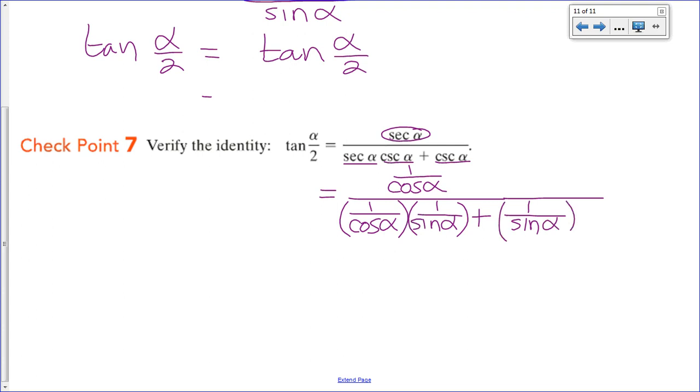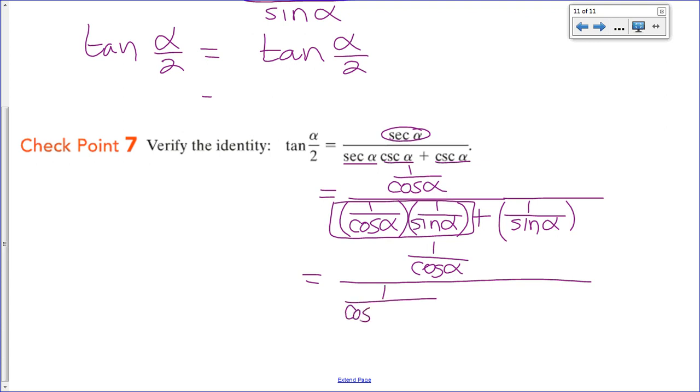Okay, so I'm going to multiply a few things here. 1 over cosine alpha over. If I multiply these two fractions here, I'm going to get 1 over cosine alpha sine alpha. And if you notice, the fraction that I have here only has sine alpha as the denominator. So if I wanted to have the same denominator as this, it makes sense that I have to multiply the bottom by cosine alpha.